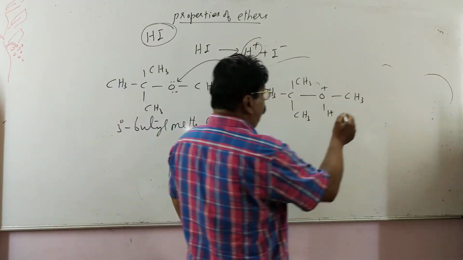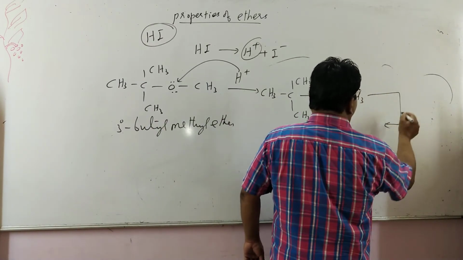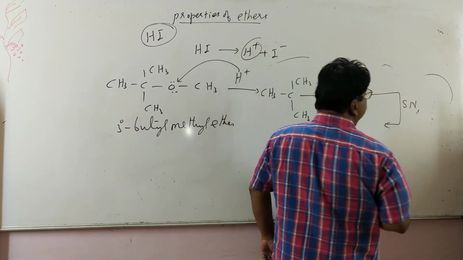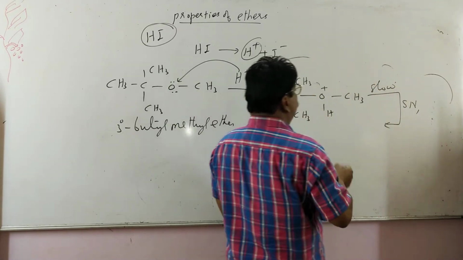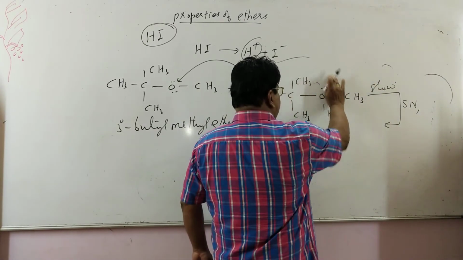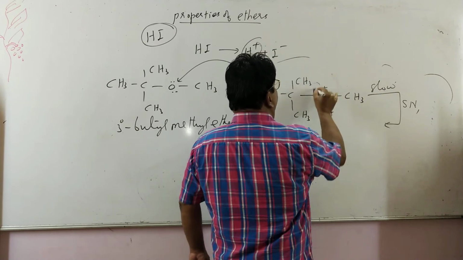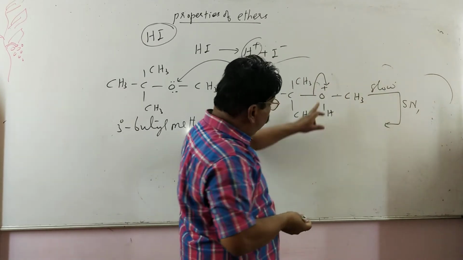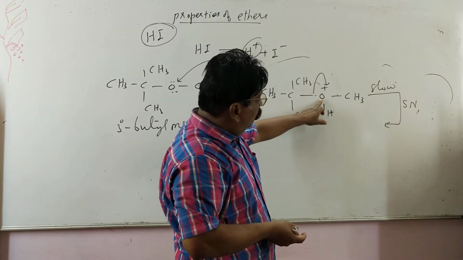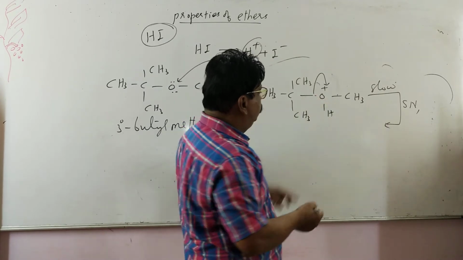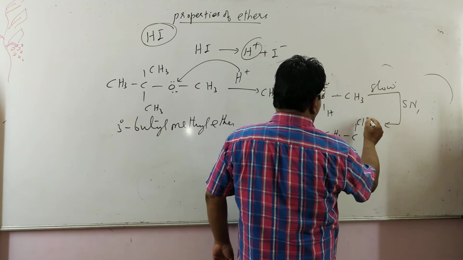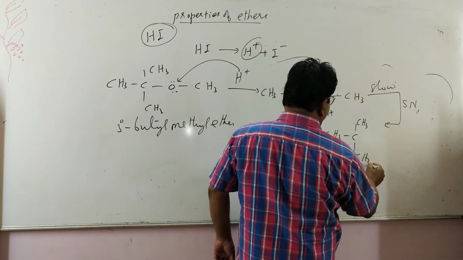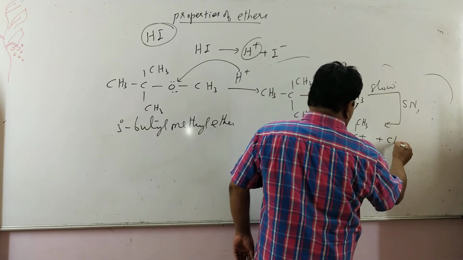Now the next step will be SN1, which means it's a slow step here. Dehydration means removal of this positive charge by breaking this bond. And we are getting methyl alcohol.